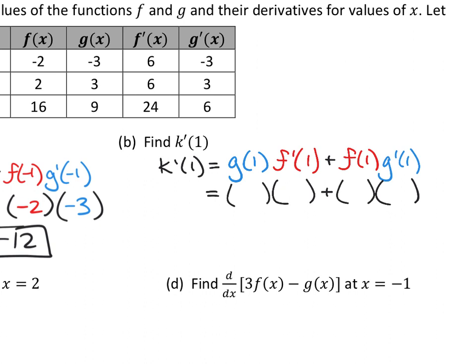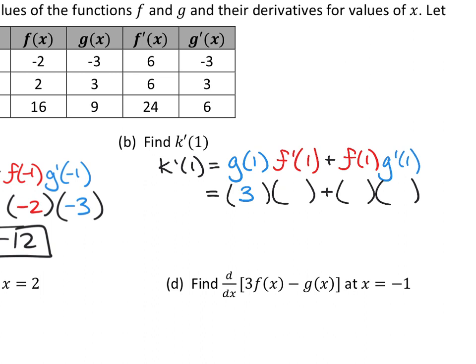Go ahead and give that one a shot. So similarly to part A, when we're finding K prime of 1, we use the product rule, which is second equation times first equation derivative plus first equation times second equation derivative. But this time it's all at a particular point. So we just have to read off the table. G of 1 is 3.